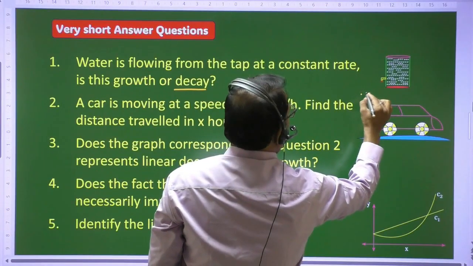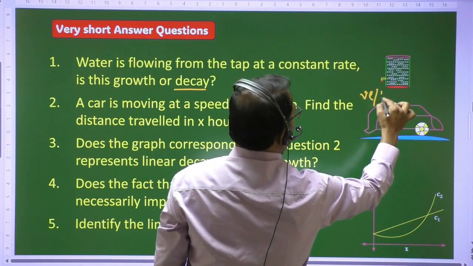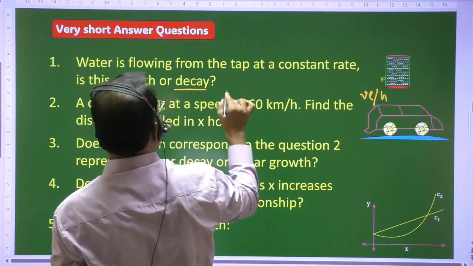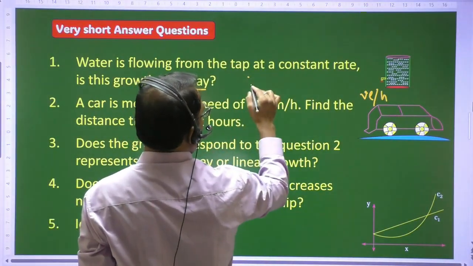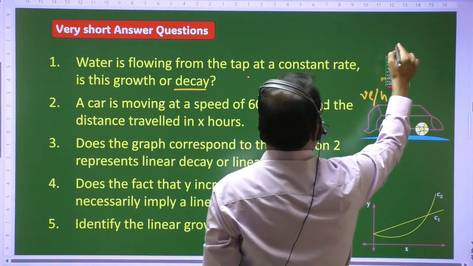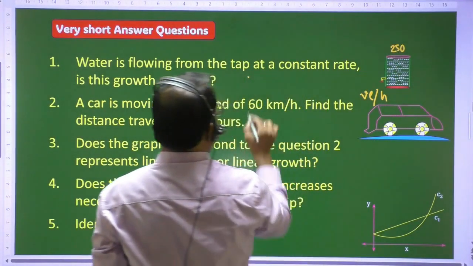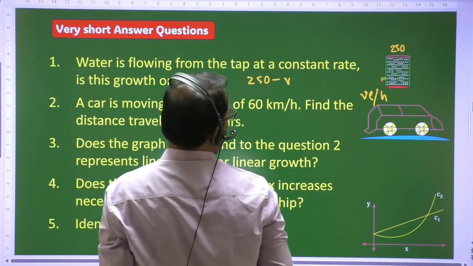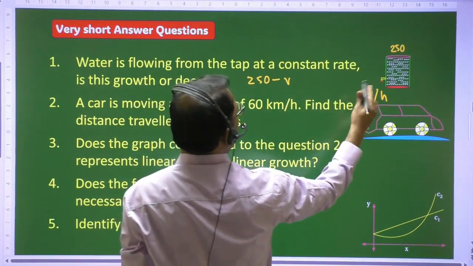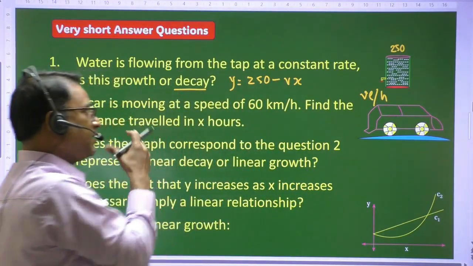Suppose V liters of water come out per hour. Then we have the equation: if the given quantity is 250 liters, then we have 250 minus V times x hours. Therefore this is a decay.